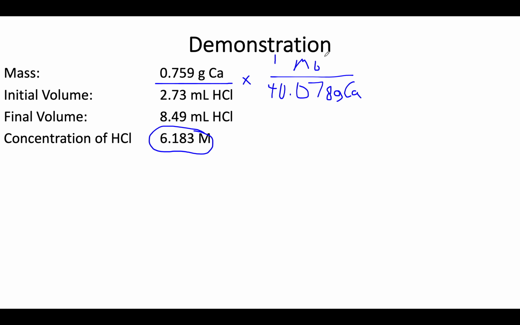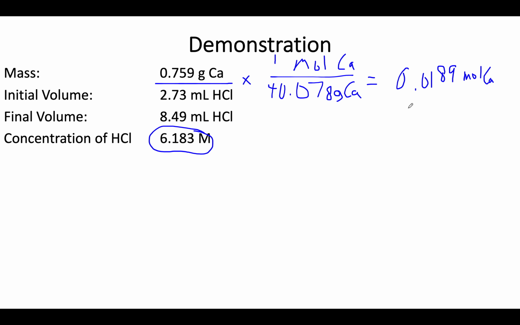Okay, so here, remember your balances go to 3 decimal places, so that's grams, molar mass. We got as many decimal places usually as we want, and we can get to correct sig figs. That should be 3 sig figs, and that's 0.0189 moles of calcium.